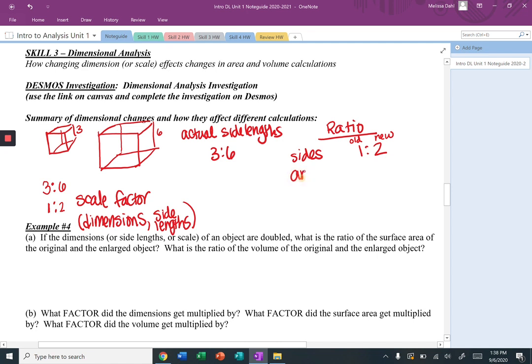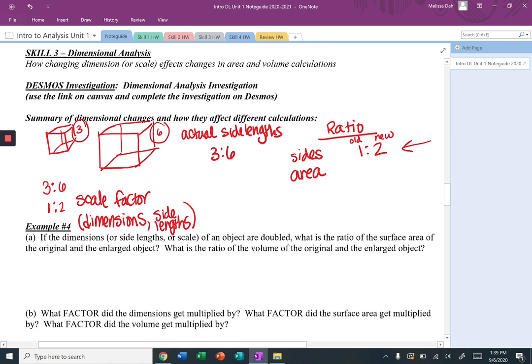Then we want to talk about area. Now, I didn't give you all of the values for these figures, so you can't calculate the area of one side or the entire surface area, but based on our investigation, we saw a pattern. If you know that the side lengths doubled, they went from 3 to 6, they have this ratio of 1:2.